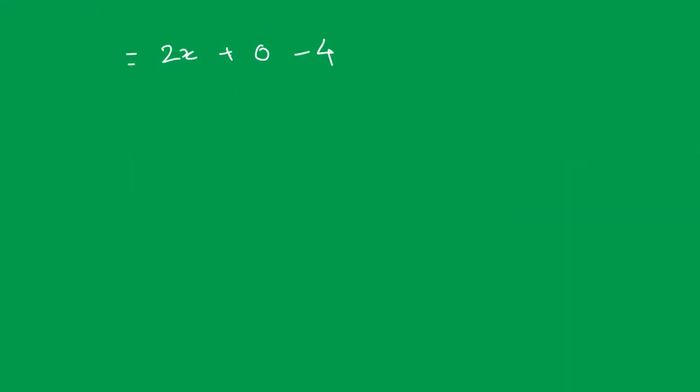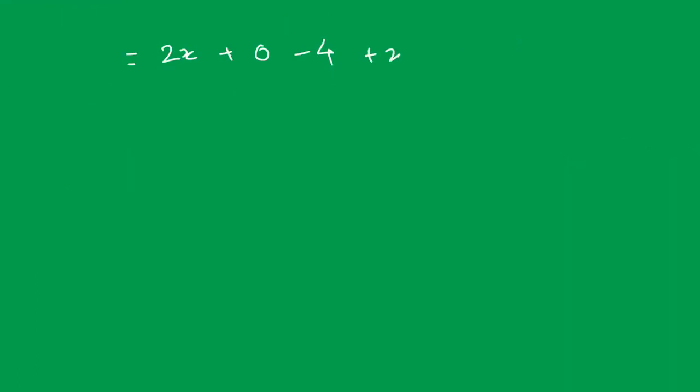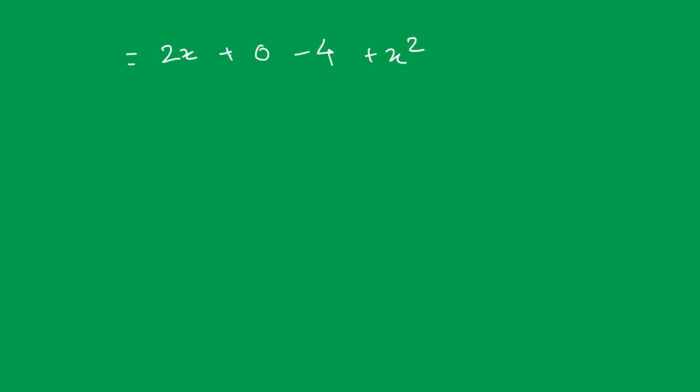The next term is x square as it is, plus x square. Next, 3d square operates on x square. So 3 times the second derivative of x square, which will be 2. So 3 times 2, that is 6.